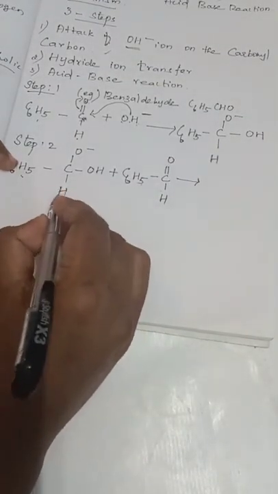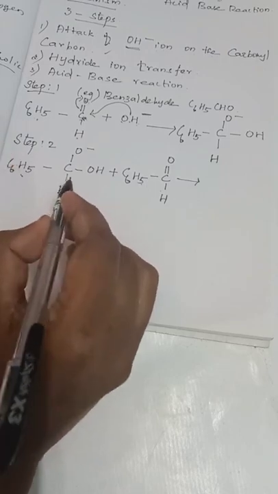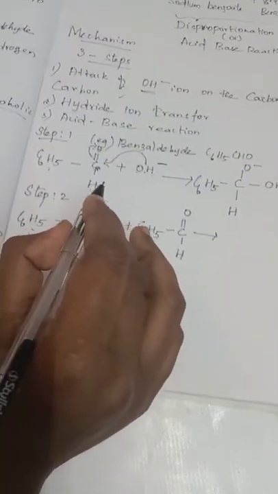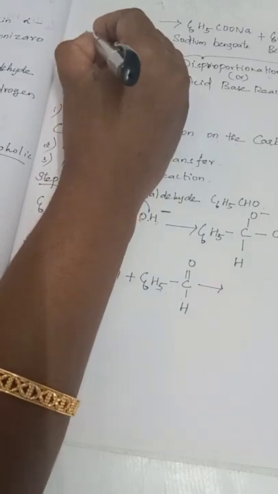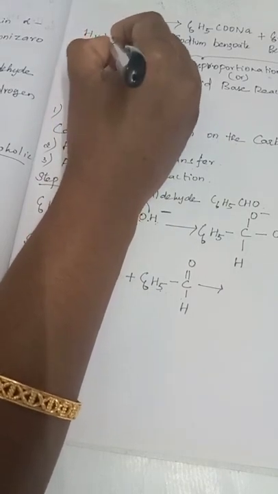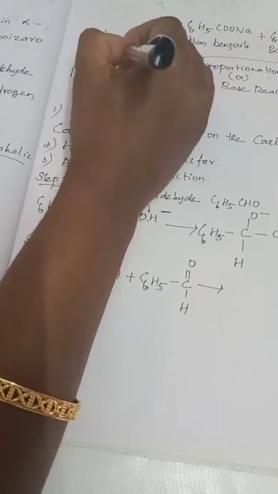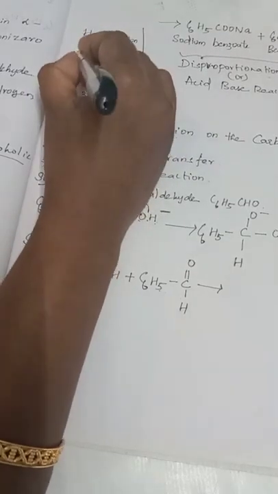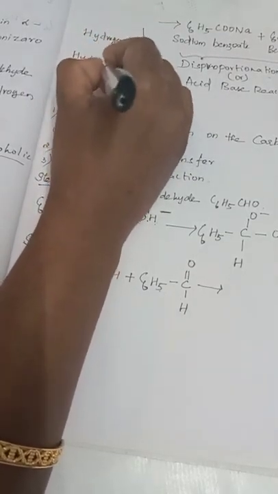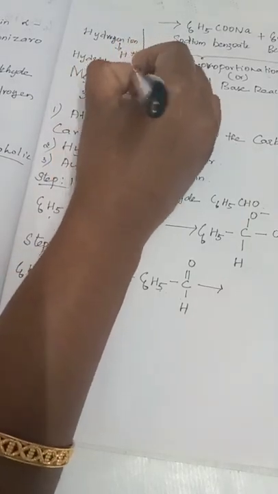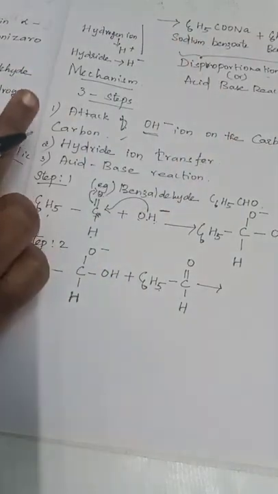Hydride ion transfer will take place. Hydrogen ion is represented as H plus. Hydride ion means H minus.